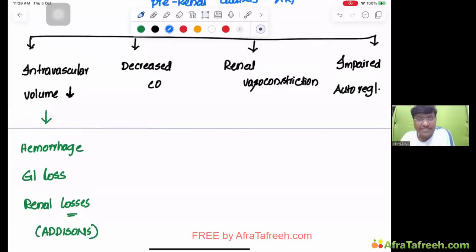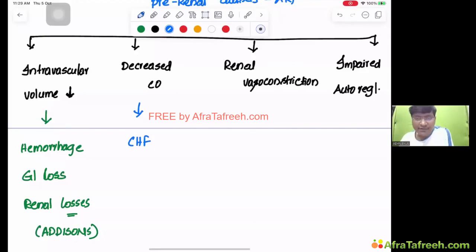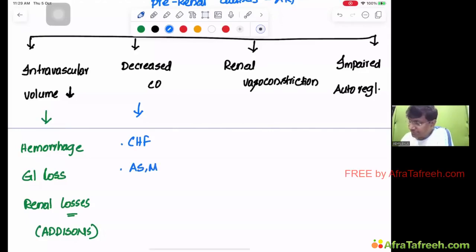the scenarios where there is decreased cardiac output. Even this decreased cardiac output will decrease the intravascular volume. And what are those decreased cardiac output conditions? These include congestive heart failure, then valvular pathologies like aortic stenosis, mitral regurgitation, then aortic regurgitation.